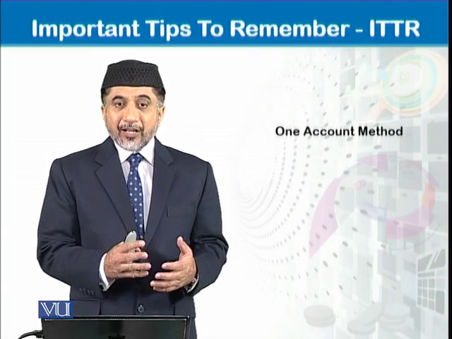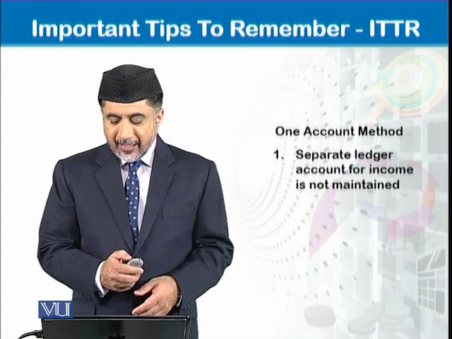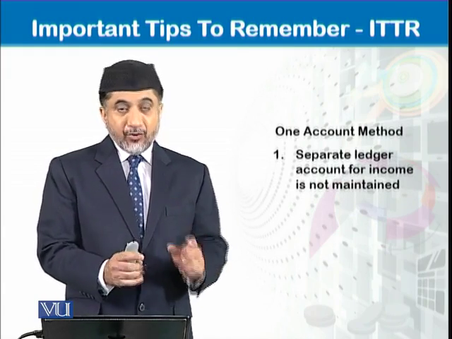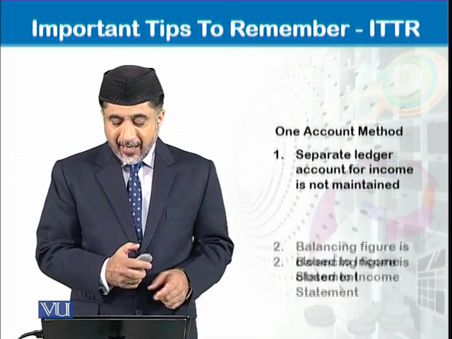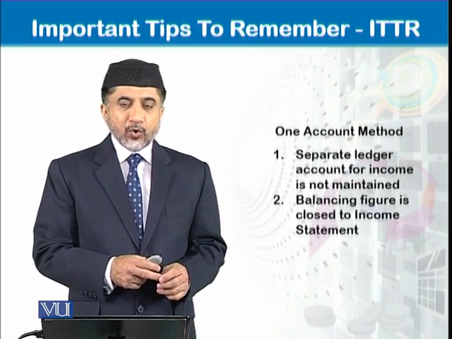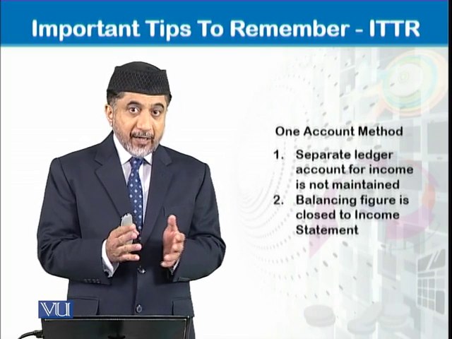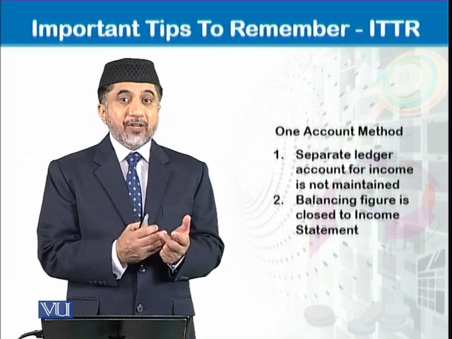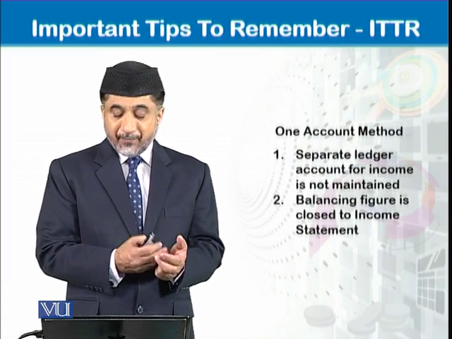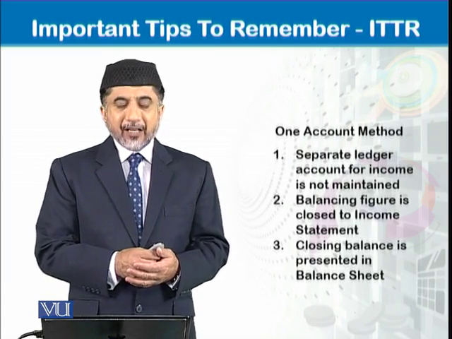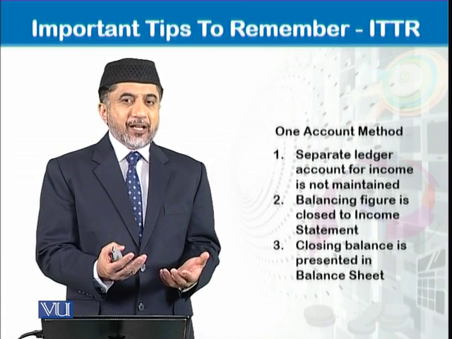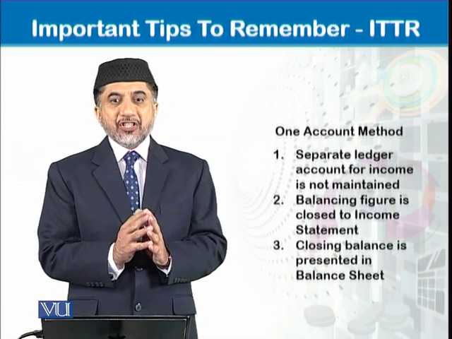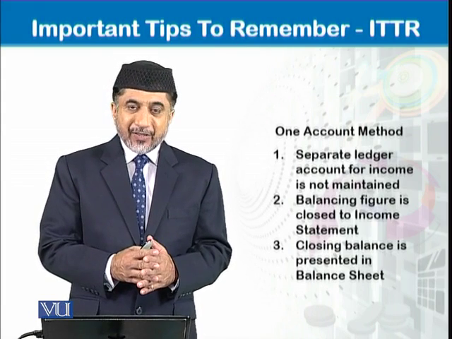Well, under the one account method, a separate ledger account for income is not maintained. Only one ledger account is maintained, and the balancing figure is closed in the income statement because that one ledger account is catering to the income nature as well as its liability nature. And the closing balance, since it is a liability as well, will be taken to the balance sheet as a liability. So that's it.